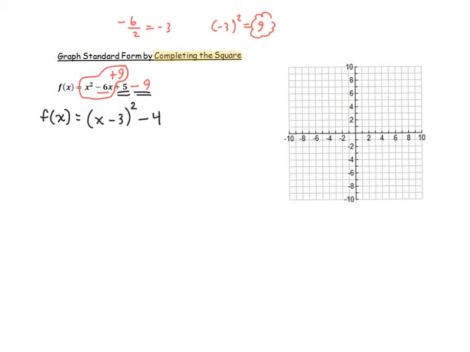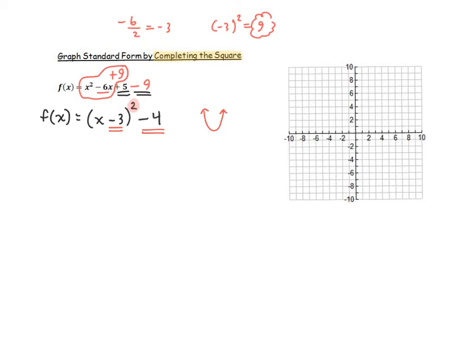You may not realize it, but we already know how to graph this form, pretty much. From our previous unit on family of functions, I can identify, since this has the key feature of an exponent of 2, that this is a quadratic. So I know that this should look like a U shape, opening upwards because there's no negative out front. I also know that the -3 is inside the parentheses and the -4 is outside the parentheses.